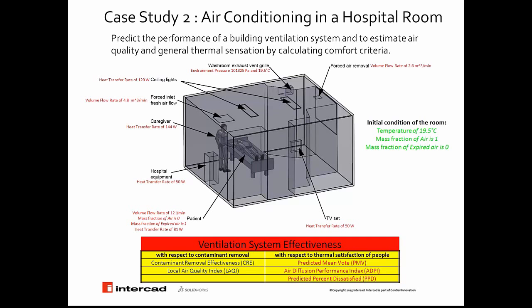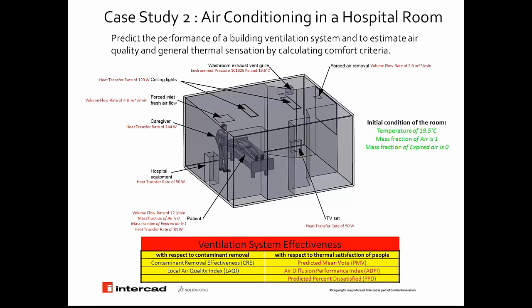A typical patient room includes standard features such as a patient bed, you can see it here, and also exhausts in different locations, lighting equipment, and etc., as you can see in the features.